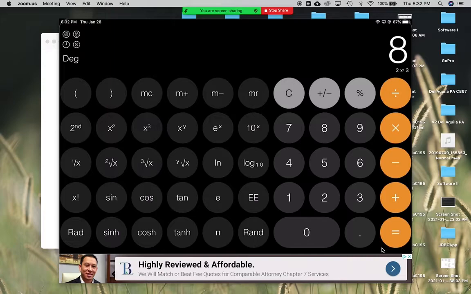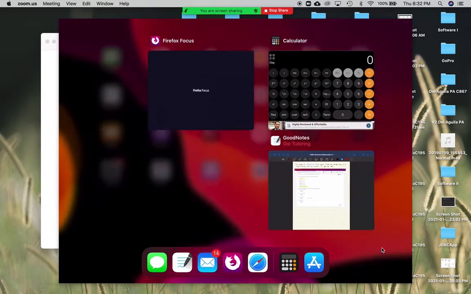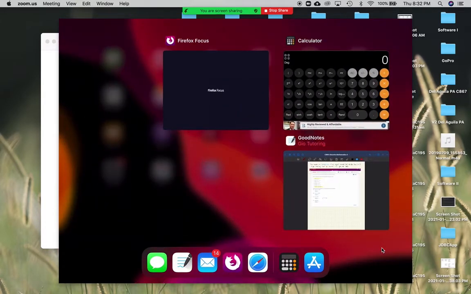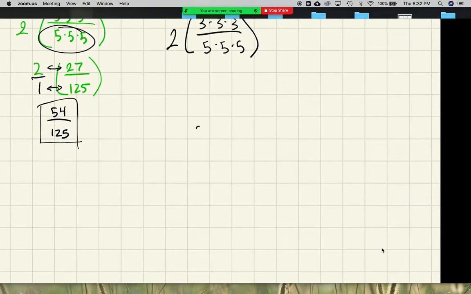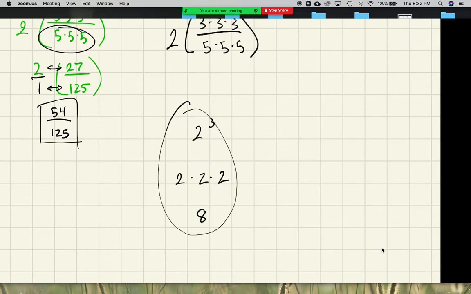And then equals, and that would be 8. Because 2 to the third, let me just write it out. How'd you make it go to 8 though? So first, 2 to the third is the same thing as 2 times 2 times 2, and then 2 times 2 is 4 times 2 is 8. So that's what that equals.